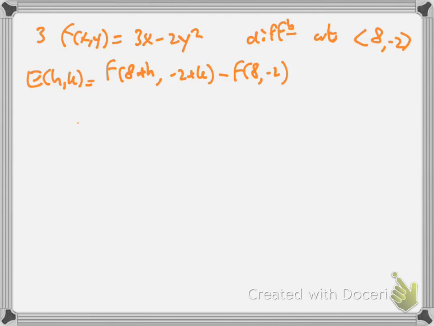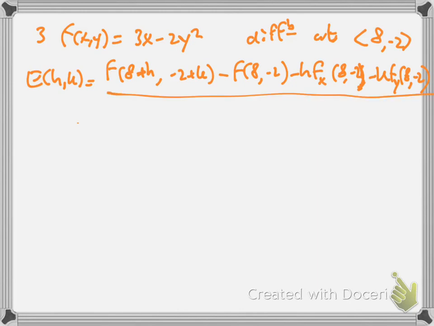Apologies. Then we have minus h f_x in the point (8, minus 2), minus k f_y in the point (8, minus 2), and all of that divided by the distance of the vector (h,k) to the origin, which is the square root of h squared plus k squared.